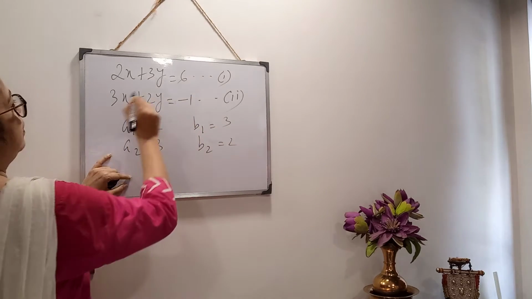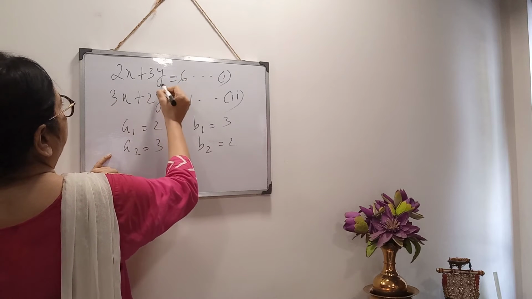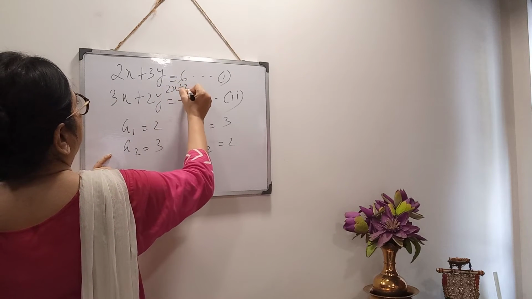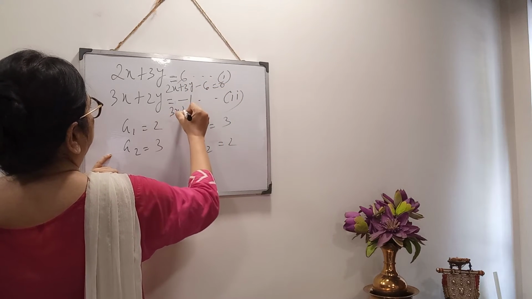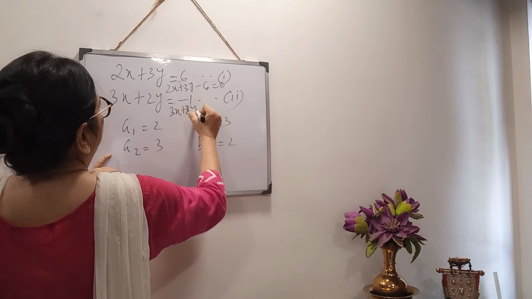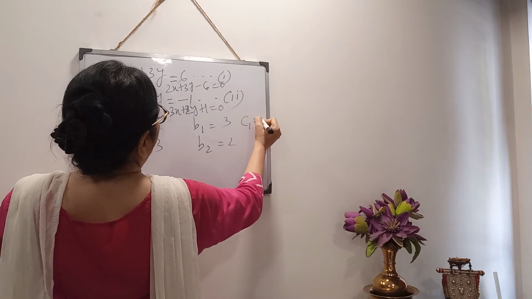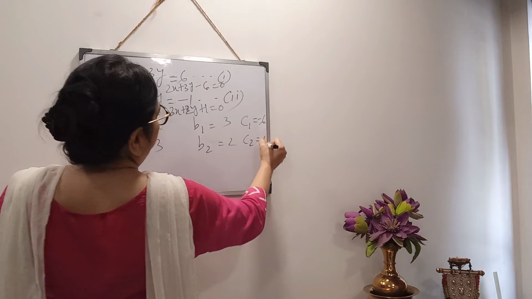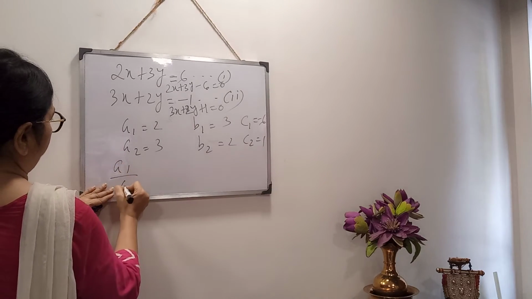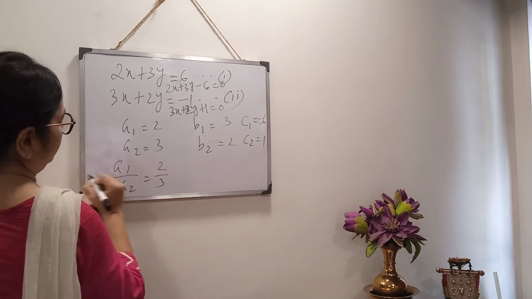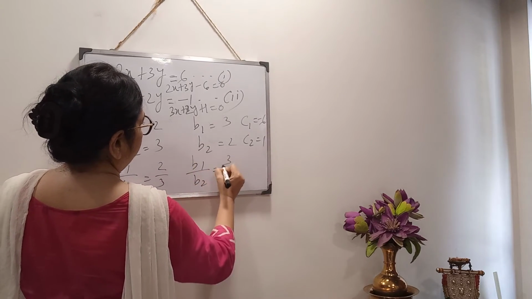Okay. This is not given in general form, so we have to change it in that form. That means we have to write 2x plus 3y minus 6 equals to 0 and 3x plus 2y plus 1 equals to 0. So from there we will get c1. c1 is minus 6 and c2 is 1. Clear? Now here a1 by a2 is 2 by 3. Clear? And b1 by b2 is 3 by 2.